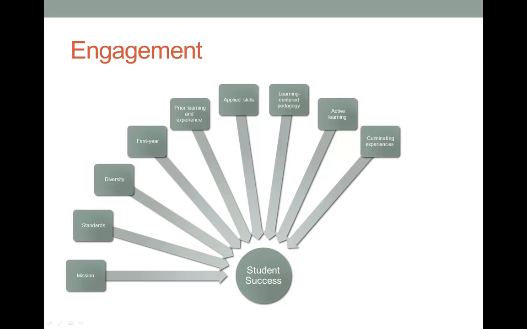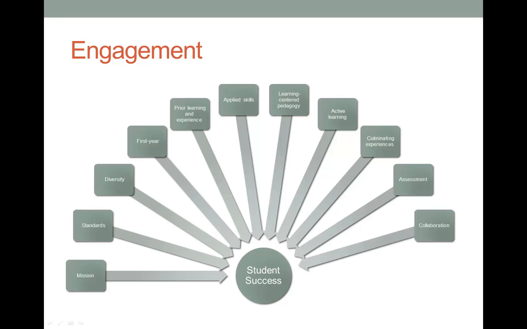The next piece is the integrative culminating experience. So whatever the final experience is, it brings everything together, including the active learning, including the learning-centered pedagogy, and the like. Next is assessment and feedback. Students need to be able to provide their feedback because there's a buy-in. There's a collaboration between student, academic affairs, and student affairs.